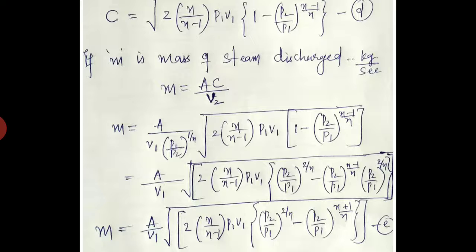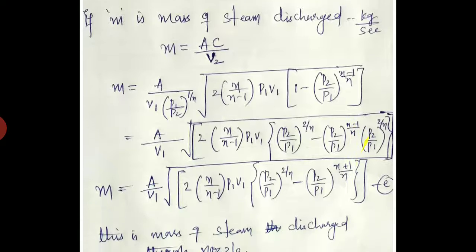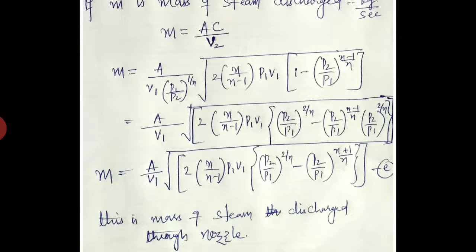Take the square root of that equation. If I simplify that, taking P1 by P2 inside, the relation becomes 2 into n by n minus 1 P1 V1 into P2 by P1 whole raised to 2 by n. If you simplify, you will get that relation. Therefore m is equal to A by V1 square root of 2 into n by n minus 1 P1 V1 into P2 by P1 whole raised to 2 by n minus P2 by P1 raised to n plus 1 by n.